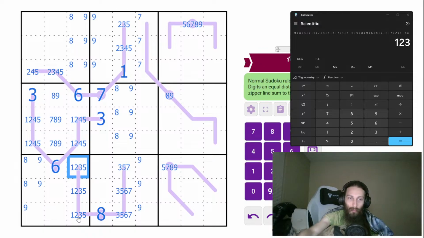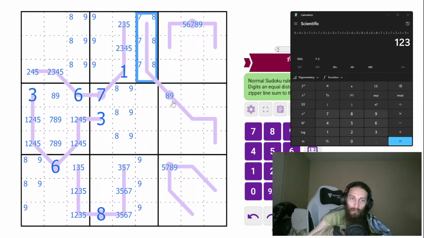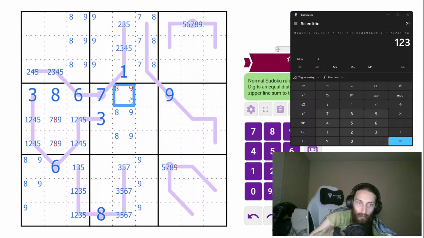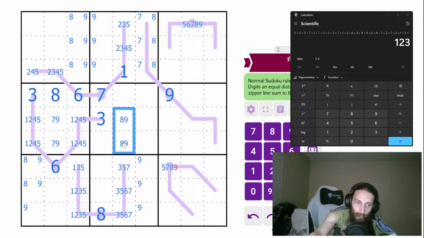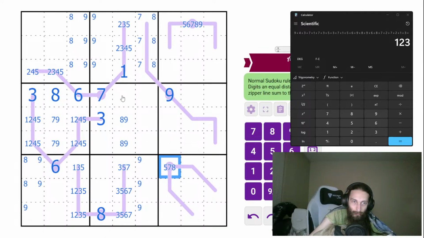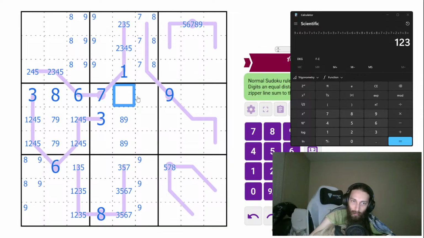And the 8 in box 2 has to be over here. So that's now a 9 in the center. And 8. And neither of those. 2, 3, 4, 5, 6, 7. So that's any of the digits.